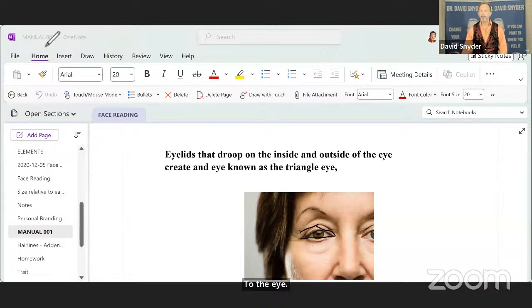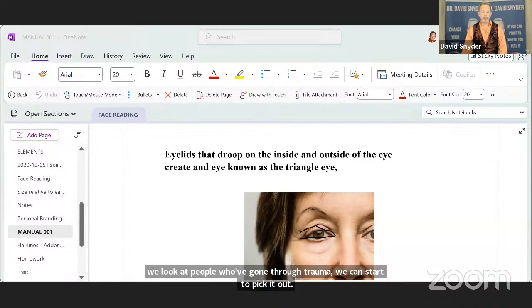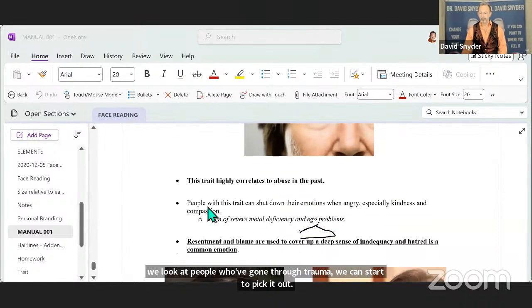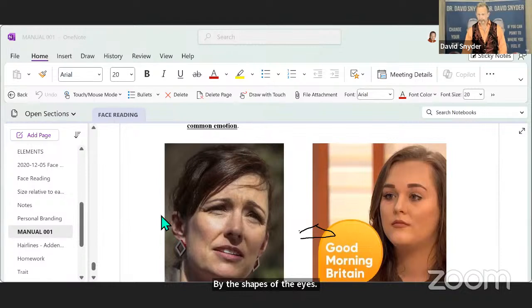So when we look at people who've gone through trauma, we can start to pick it out by the shapes of the eyes. Here again, you can see, let me move this up a little bit.